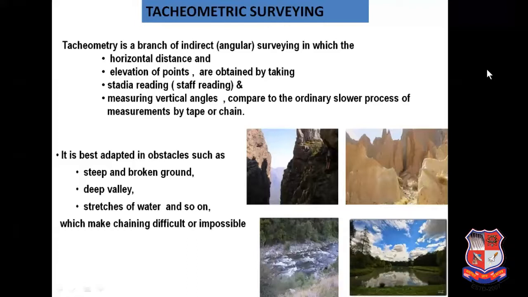That means in tachyometric surveying, we are not getting the horizontal distance between the instrument station and the staff station or object directly in the field as we are getting by means of chain or tape.